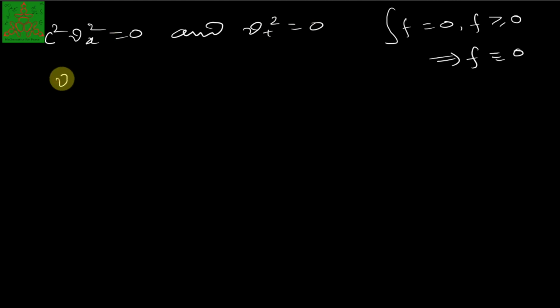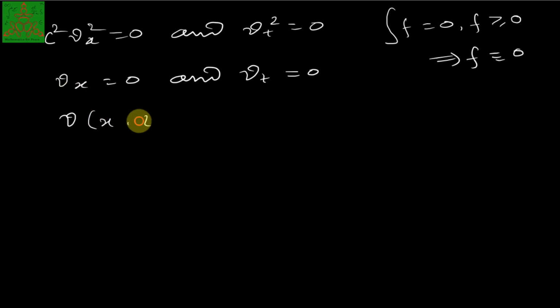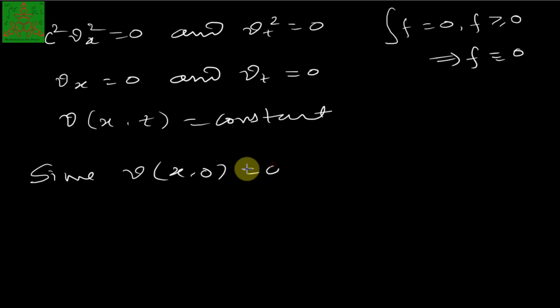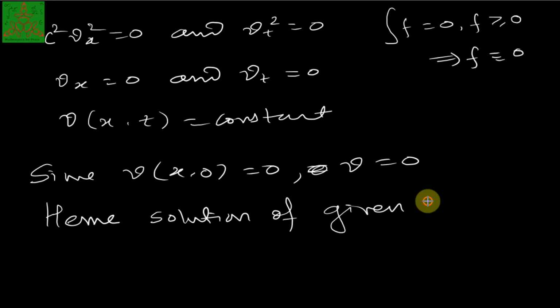That gives me Vx is 0 and Vt is 0. This tells you that V is a constant function, because V is a function of x and t and its derivatives are 0. So V(x,t) is a constant function. But since we have V(x,0) is 0, this implies that V is 0. So that proves that the solution of the given problem is unique.